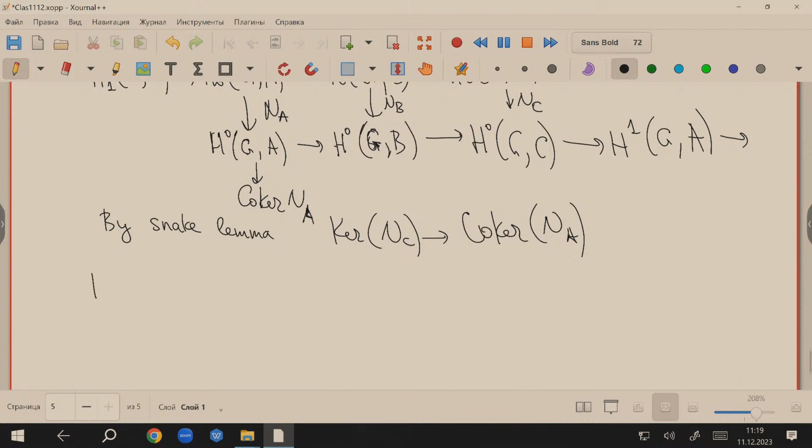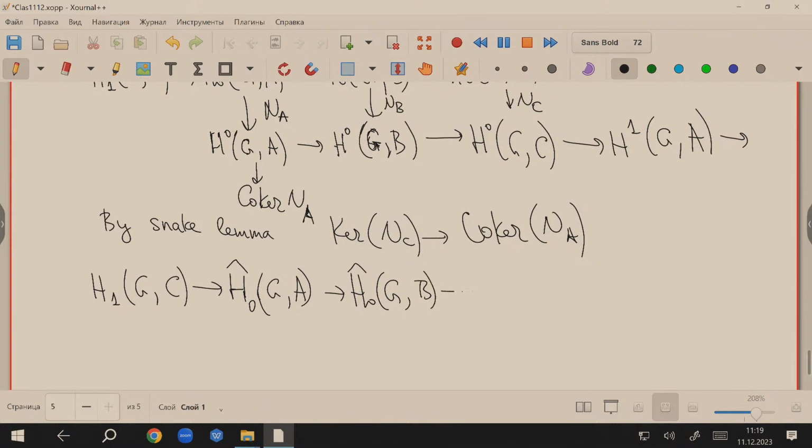So you write down H of GC, and you change this by the homological zero groups of GA, GB, and GC.